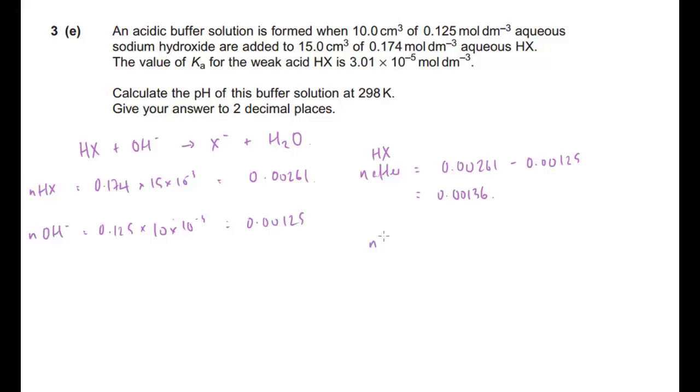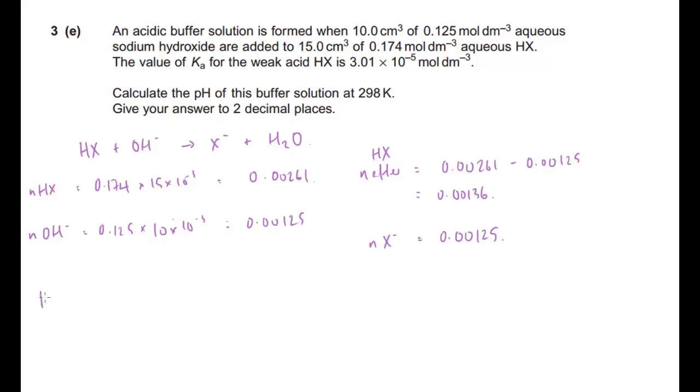Moles of X minus, which is going to be the salt, is going to be equal to the value of the hydroxide, 0.00125, for the exact same reason as before. I'm whizzing through this so it doesn't end up going on too long.